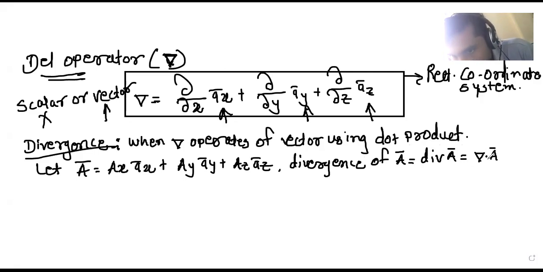Note down the dot. It's a dot product. So del dot a bar. Let's try to find out this del dot a bar.